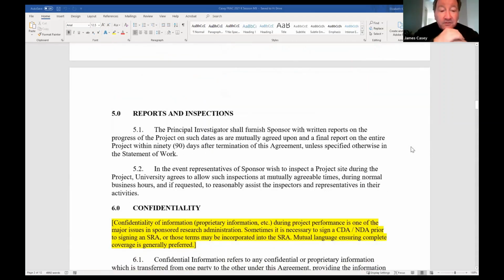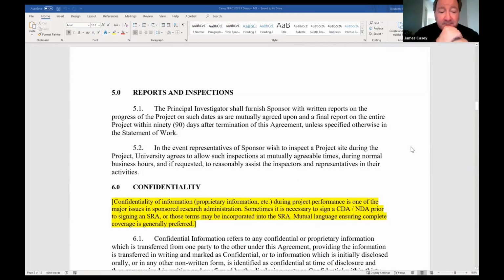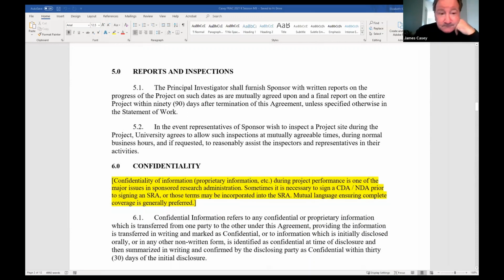Yep, let's go to this next page. I would say here, I don't have any comments highlighted for the reports and inspections clause, but those are very important, both during the life of the project and at the end of the project when you have a final project report and final financial reports. With no comments, that does not mean it's not important. It is.